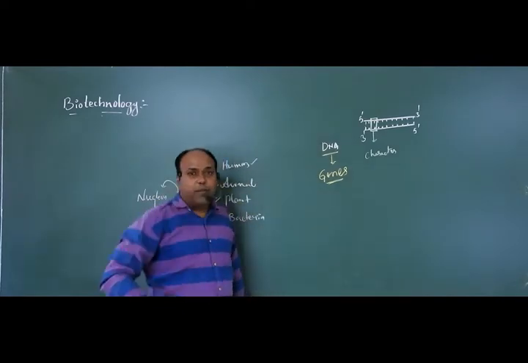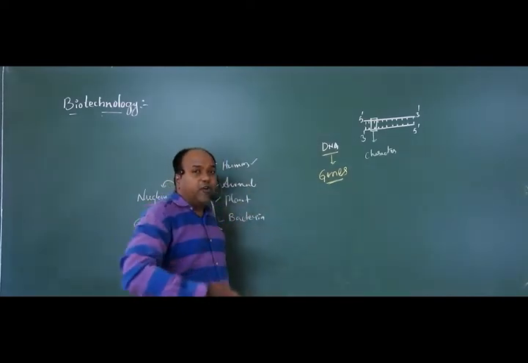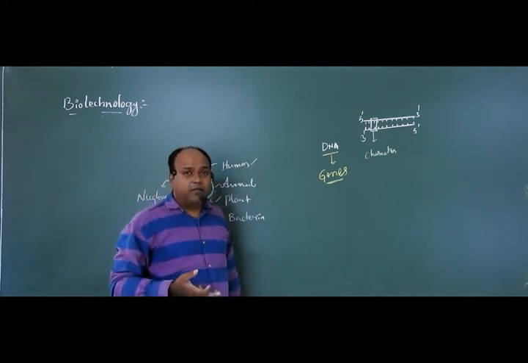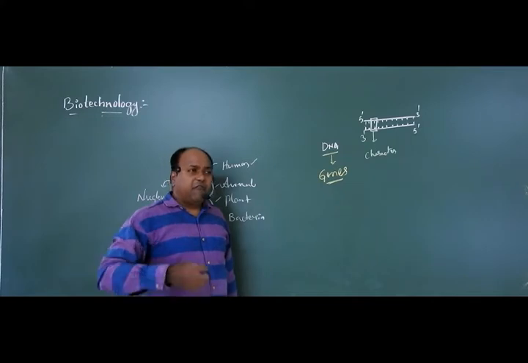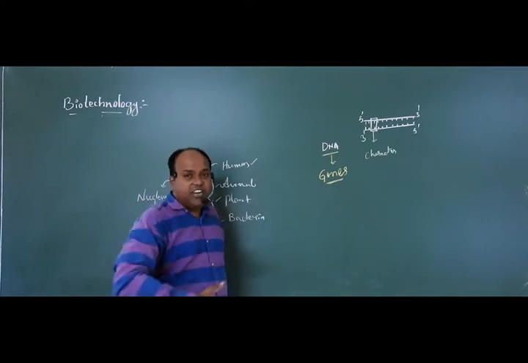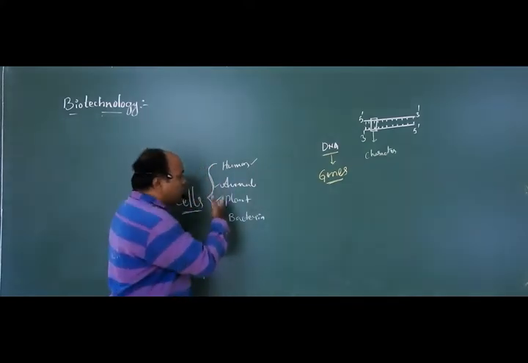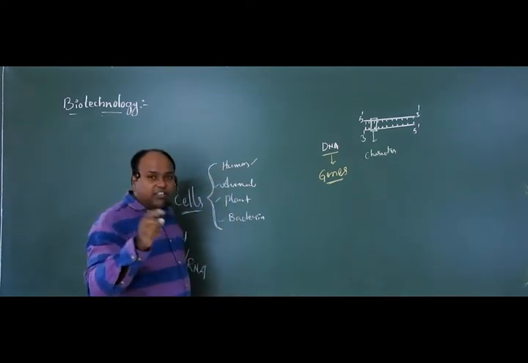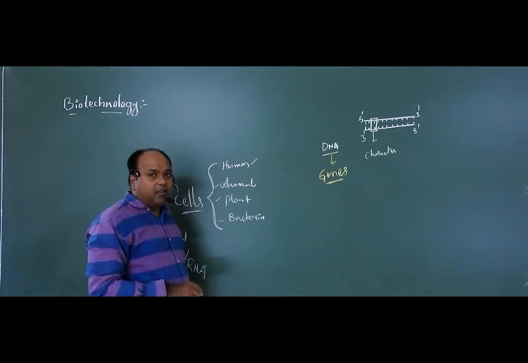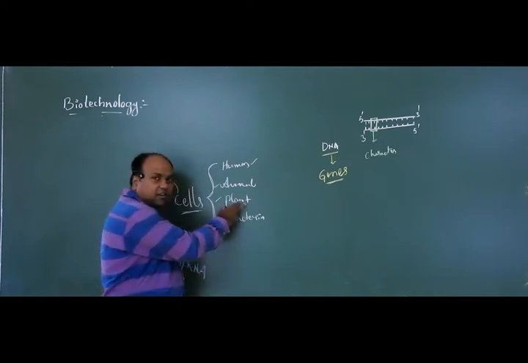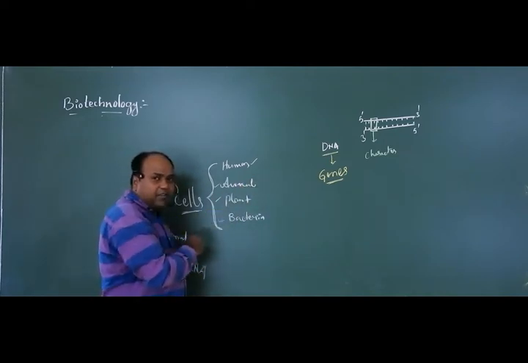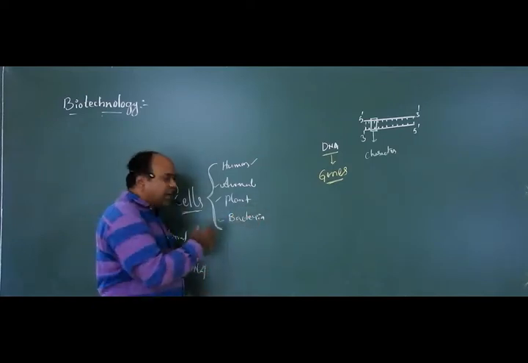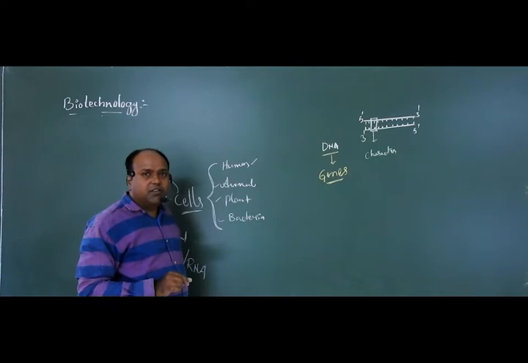Whatever the height of a human being, the color, the hair type, everything depends upon the genes. Not only human beings, all the characters of all organisms depend upon the genes only. In the plant kingdom, some plants show large leaves and some show small leaves.